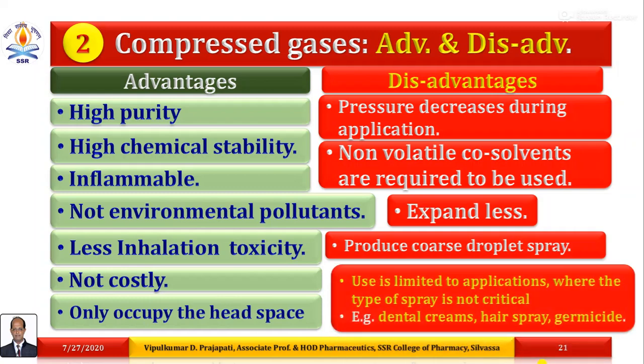Use is limited to applications where the type of spray is not critical, for example, dental creams, hairspray, germicide. So use of compressed gases is limited in these cases. So these are the disadvantages of compressed gas propellants.